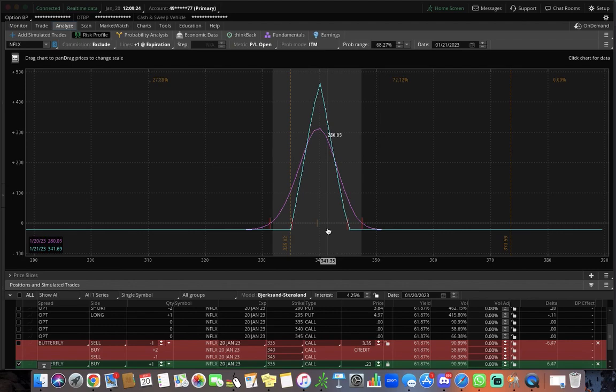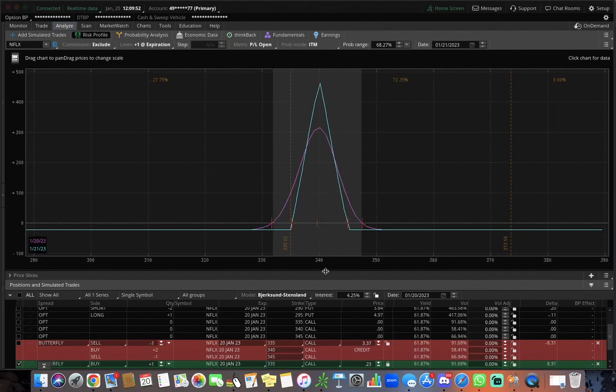So the next time that you actually see the IV going crazy because of an event that's going to occur, just know that right after the event, the IV is going to crush. And I know that if you've ever experienced this before on FOMC days or whatever, and you're like, hey, I bought a call, SPY's going up, what's the issue? Well, the issue is the IV crashed. And so did your call, even though it's going in the right direction.